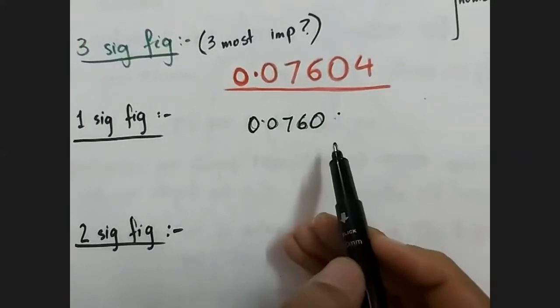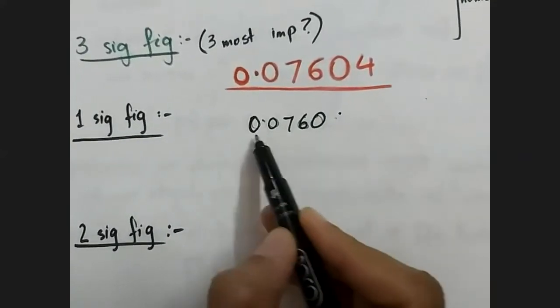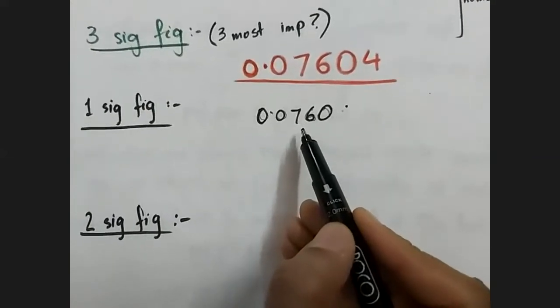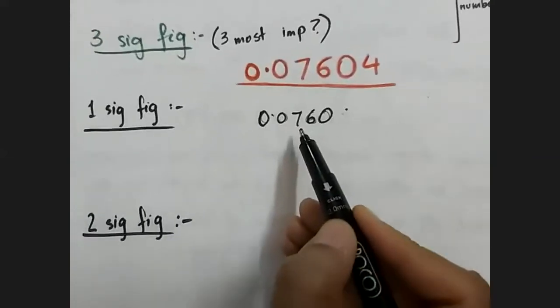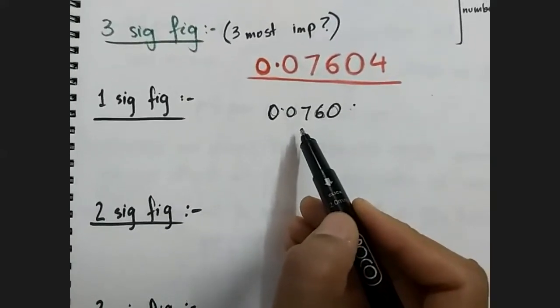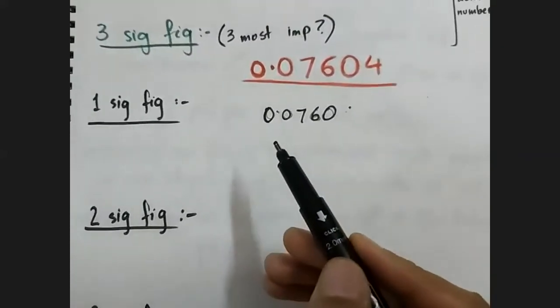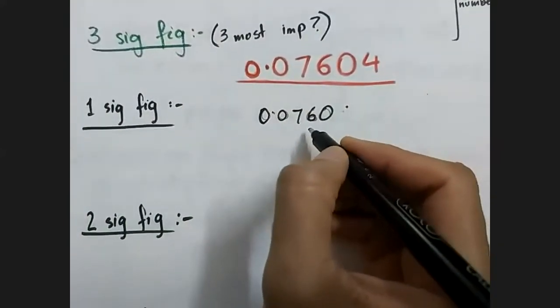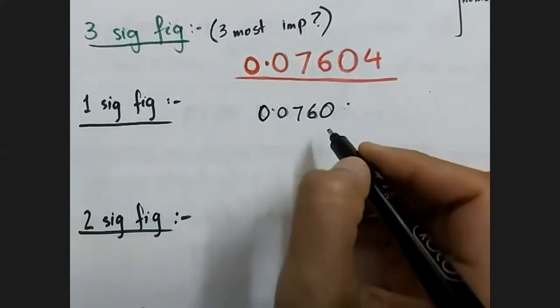How many significant figures in this? 4? 5? Wow, you understood so well. No, you're all wrong. 3.